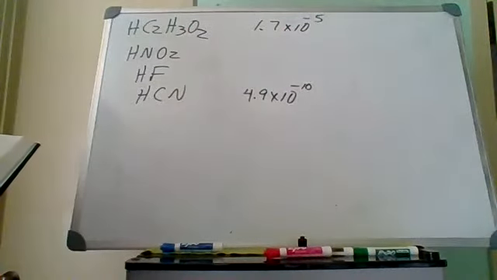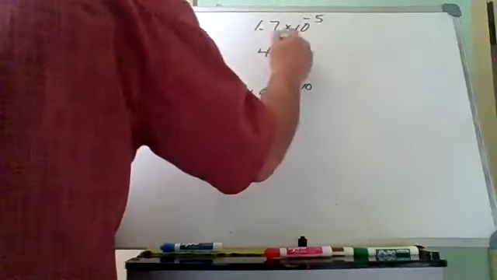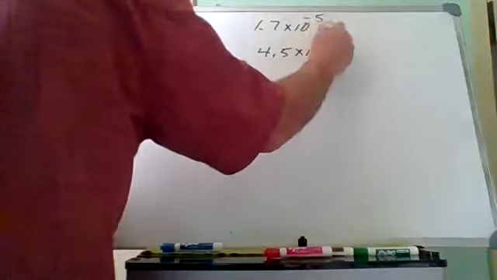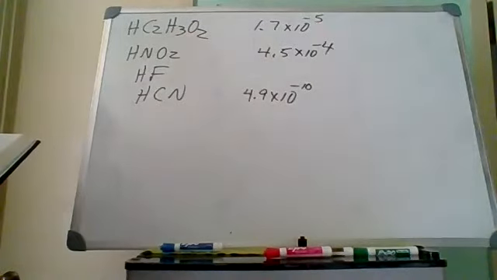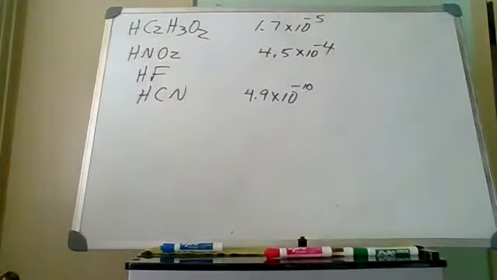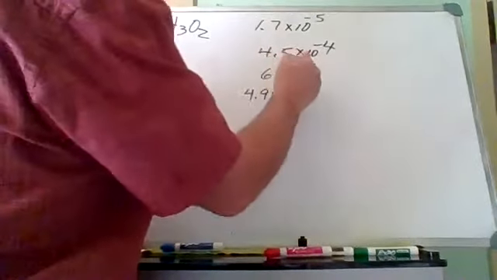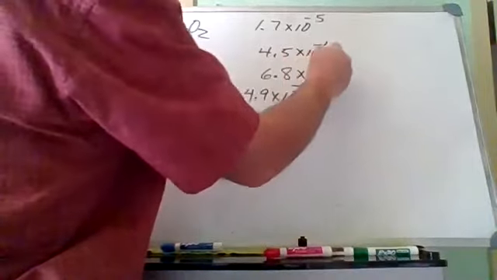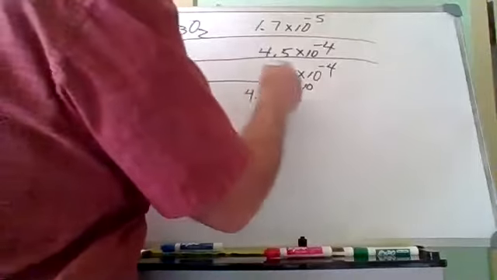And nitrous acid, 4.5 times 10 to the negative 4th. And finally, hydrofluoric acid, 6.8 times 10 to the negative 4th.